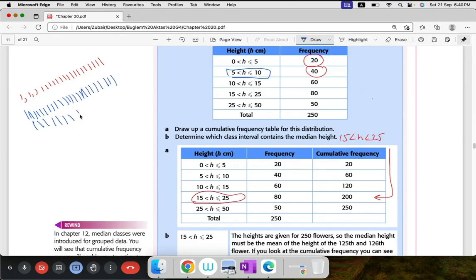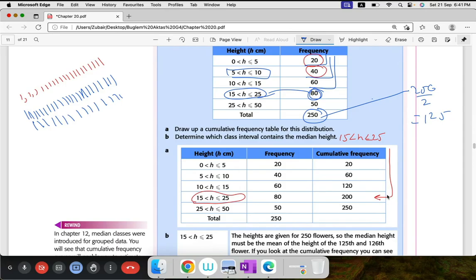Getting the point? So what would be the median? The median is at the middle, that's 125. So I know these are 20, these are 60, these are 120. So the 125th would lie in this, and this is my median class. Oh, I see. So whatever 125 lies on is the median class.